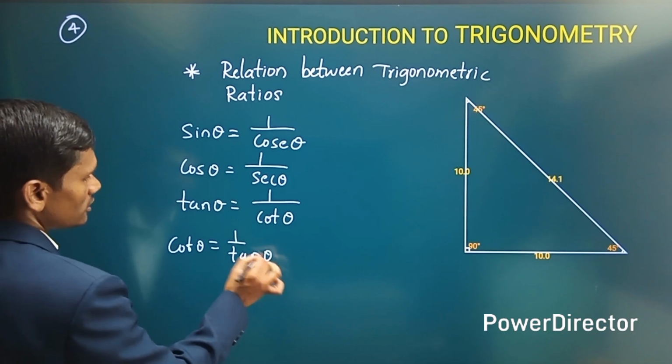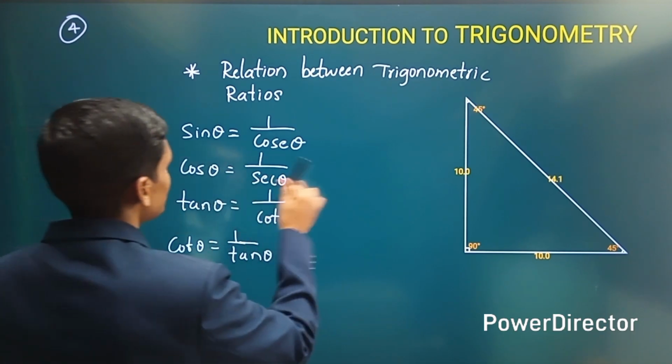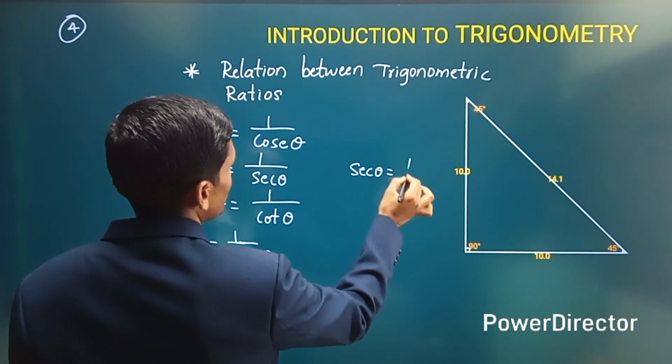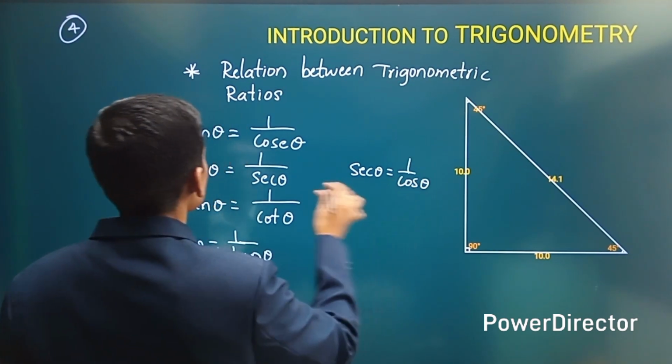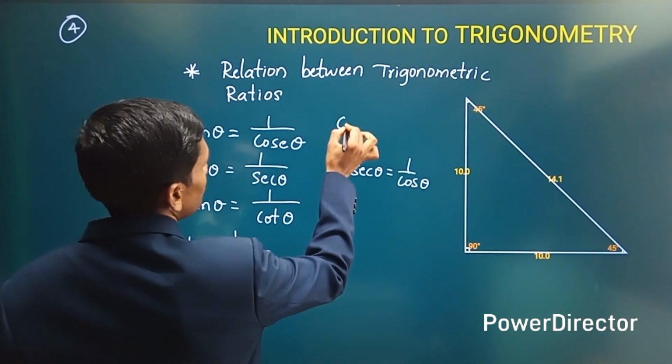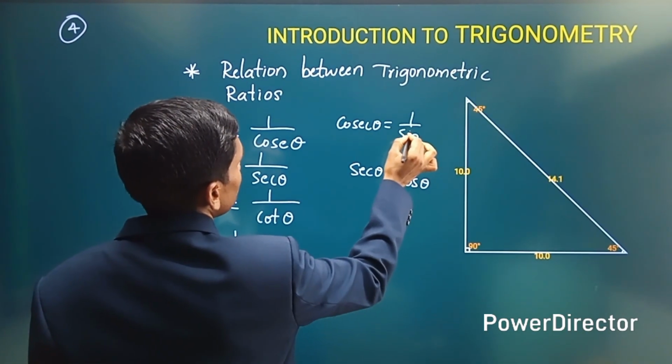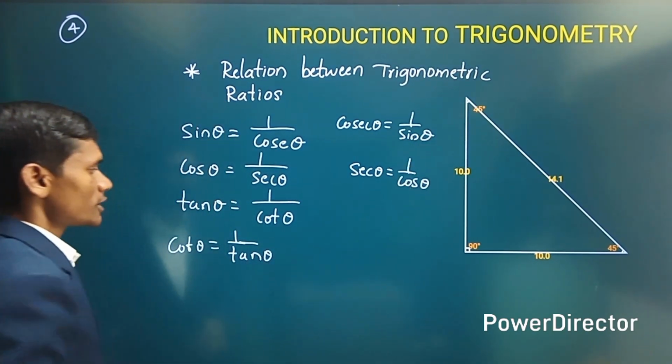Both are the same, right? And if you reverse this, sec theta will be equal to 1 upon cos theta. In the same way, cosec theta will be equal to 1 upon sin theta. These relations you must know.